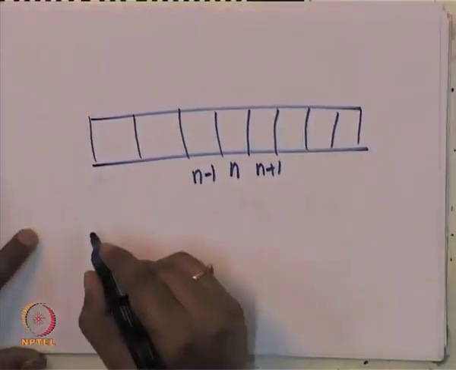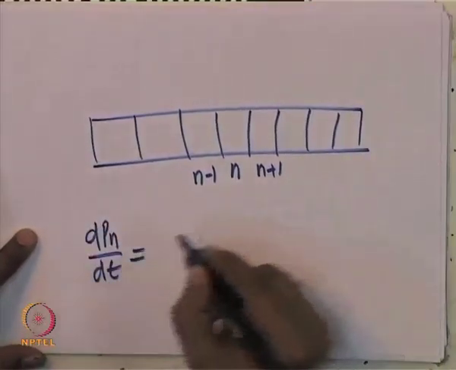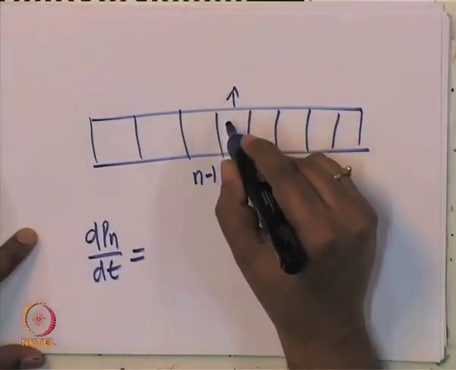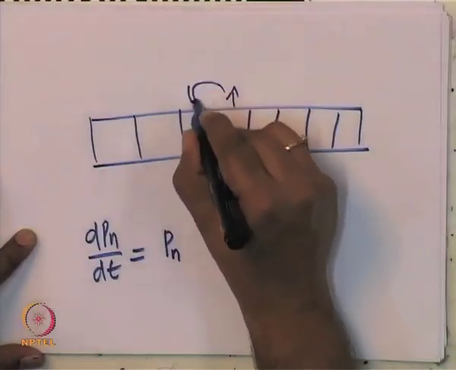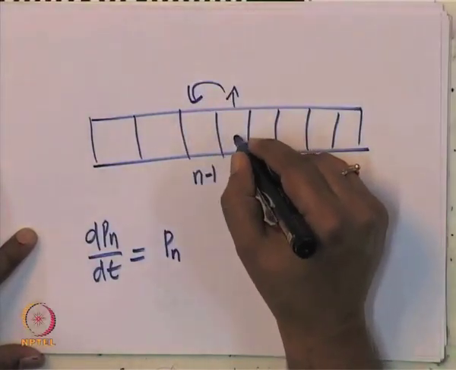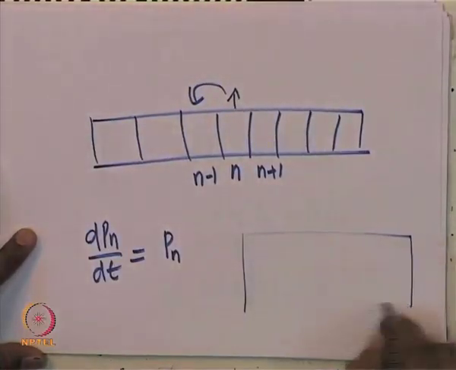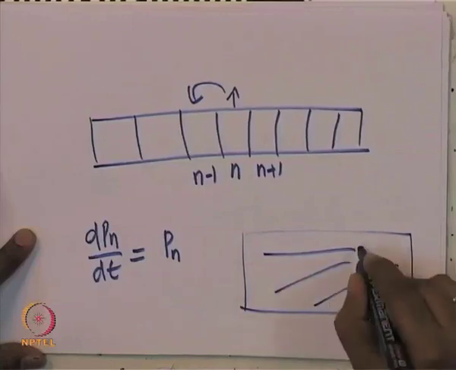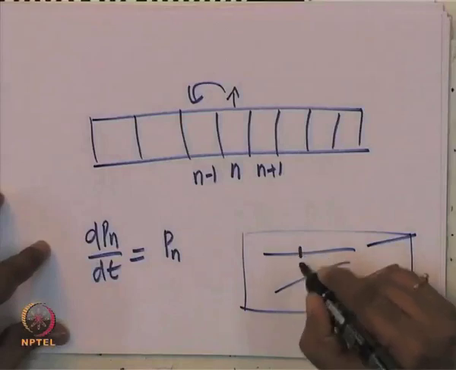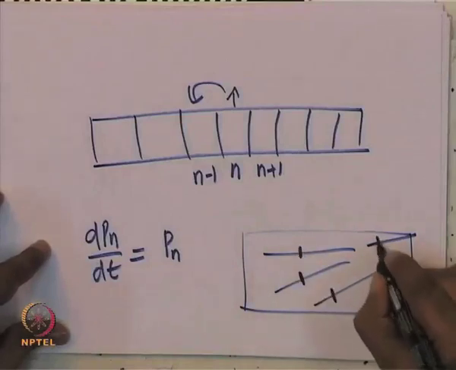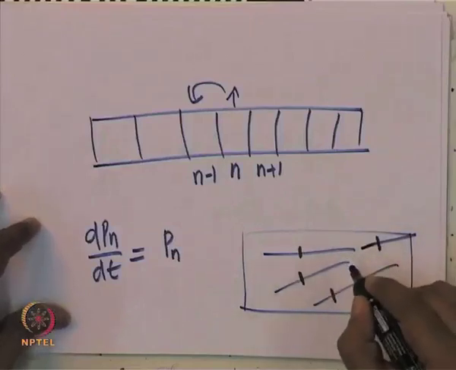So, dPn by dt, if there is a molecular motor already here, it can go away and then the P n will decrease. Imagine you have many filaments. In all these filaments at a particular n, let it be here, if there is a molecular motor here, this is the position n on each of these filaments.